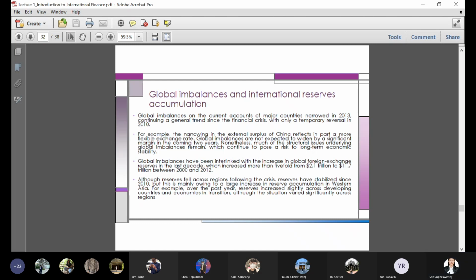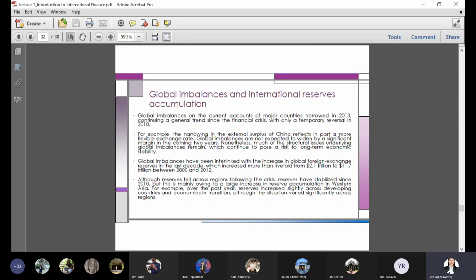The narrowing of the external surplus of China, for example, is reflecting in part a more flexible exchange rate. So the global imbalances are not expected to widen by a significant margin, but much of the structural issue underlying the global imbalances can pose a risk to long-term economic stability.